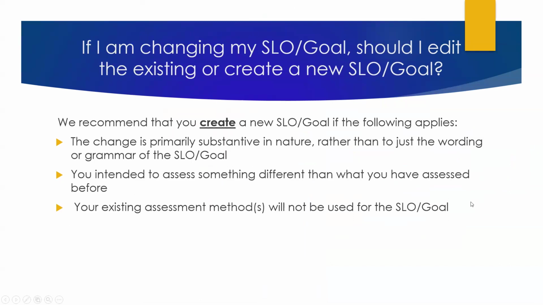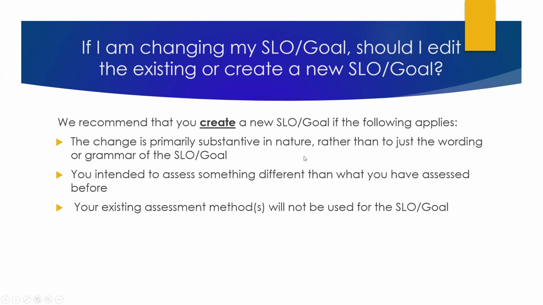Again, we recommend creating a new SLO or goal if that change is more substantive in nature rather than just wording or grammar. If you're totally changing the learning outcome itself, previously you were assessing basket weaving and now you're assessing underwater meditation, that's a pretty significant change to what it is that you're assessing the learning of.